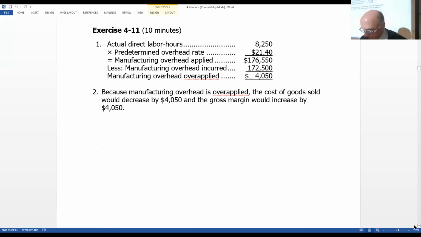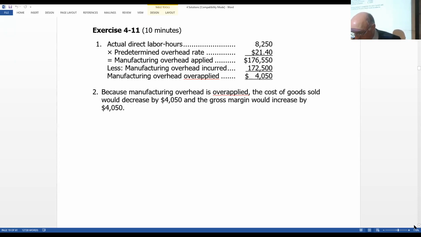Number 11, underapplied and overapplied overhead. How many ways can they ask the same question, right? They give us the fact situation, then we're supposed to determine, is it overapplied or underapplied, and by how much? Cretan Enterprises uses a predetermined overhead rate of $21.40 per direct labor hour.